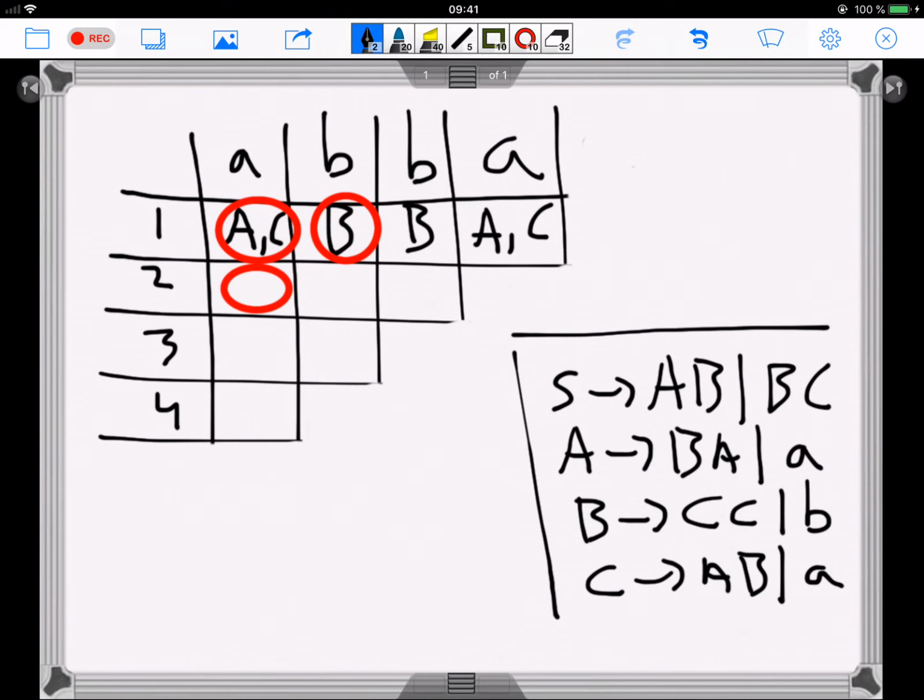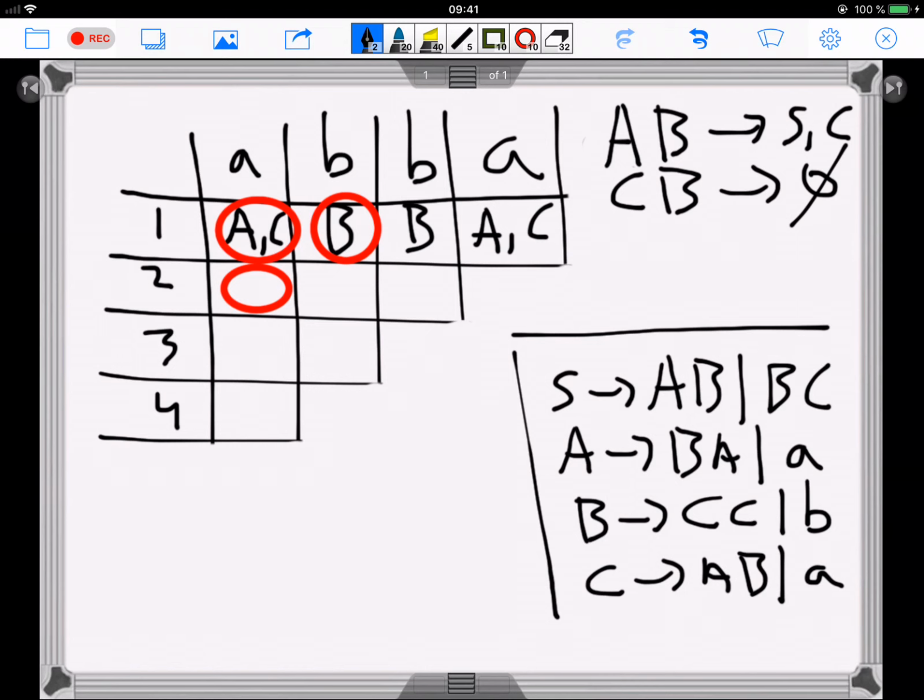So the possibilities are A together with B, or C together with B. A together with B is generated by both S and C, and C with B is not generated. So what we get is in total S, C. I'm going to write that in the cell.